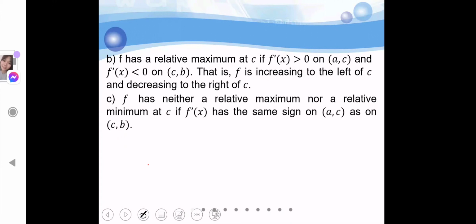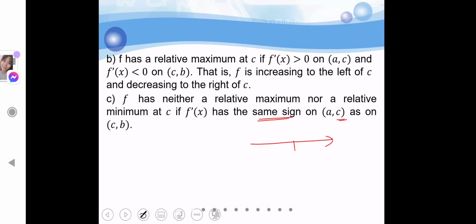And the third conclusion: f has neither a relative maximum nor a relative minimum at c if f prime has the same sign. The same sign means f prime is unchanged when passing through c.